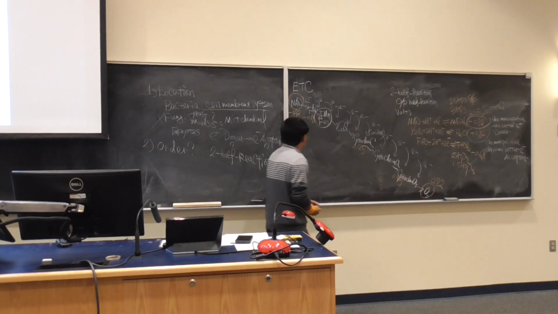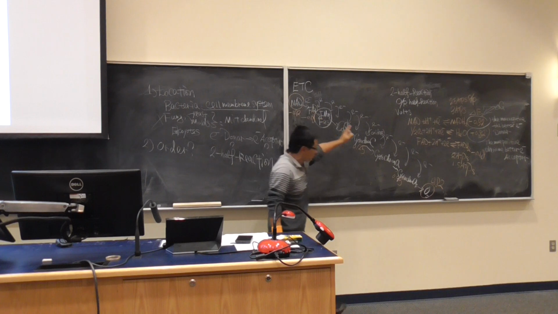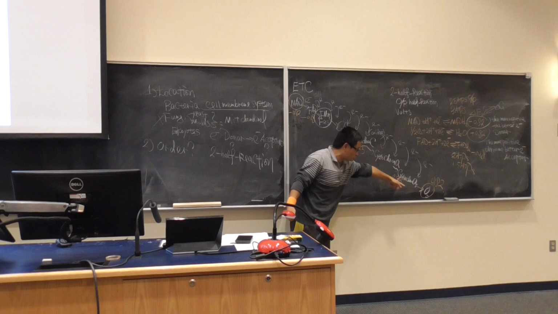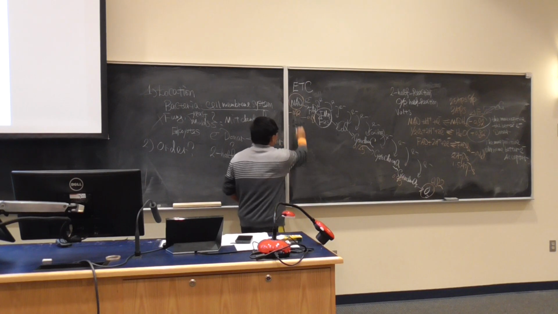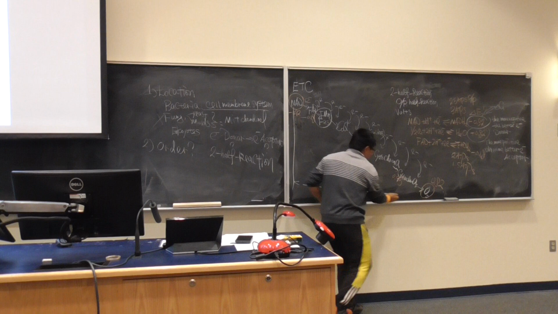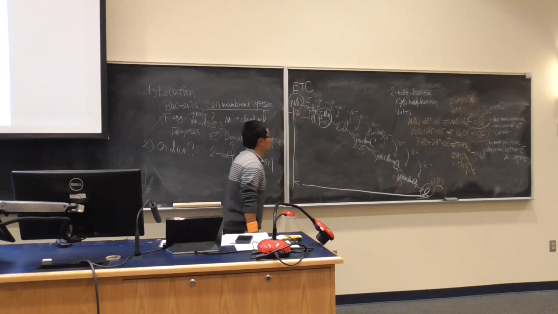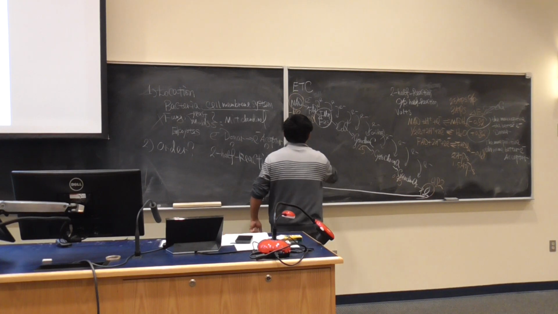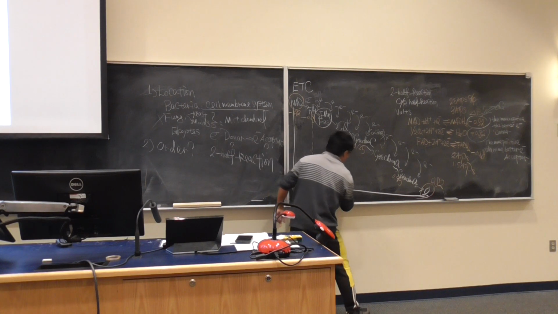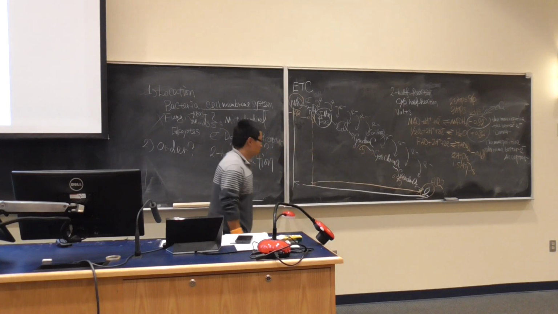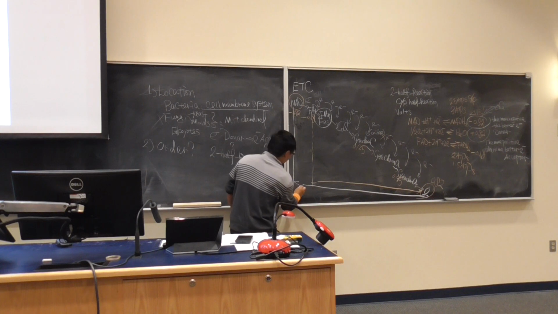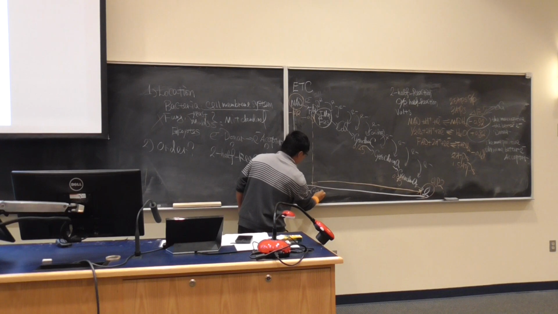Why does the electron transfer from NAD to oxygen generate more energy compared to FAD to oxygen? This is because of distance. So what's the distance here? 0.82 minus 0.32.